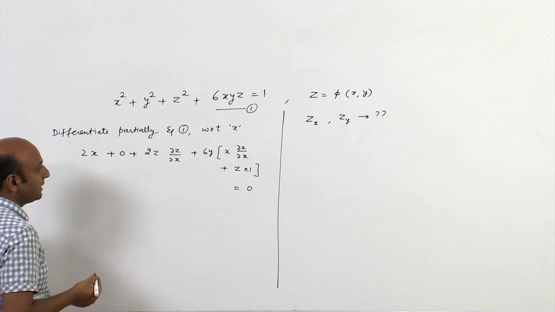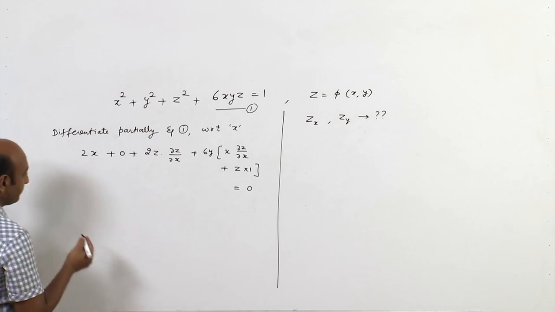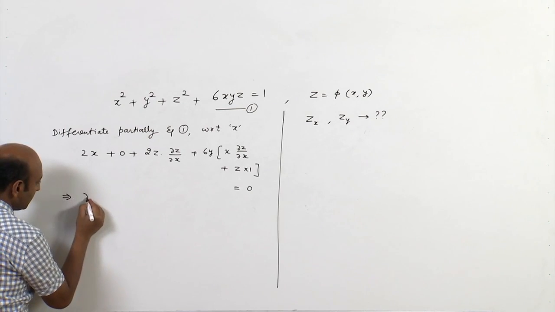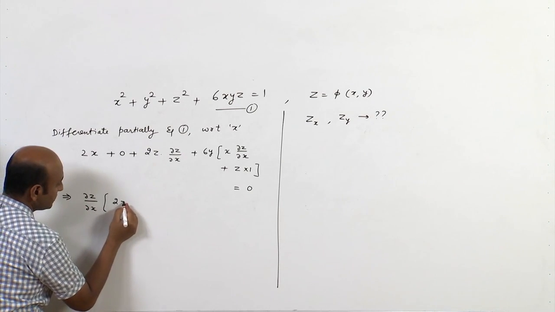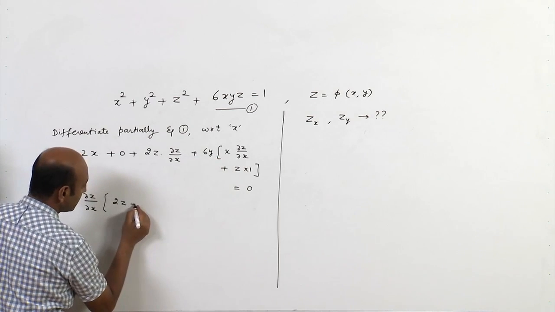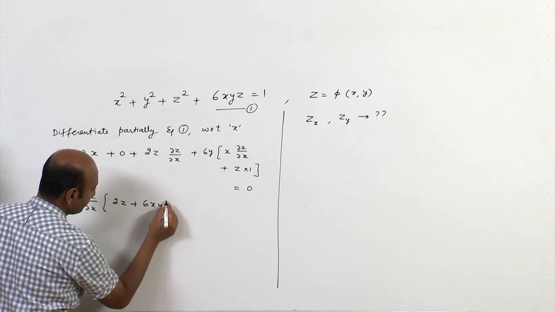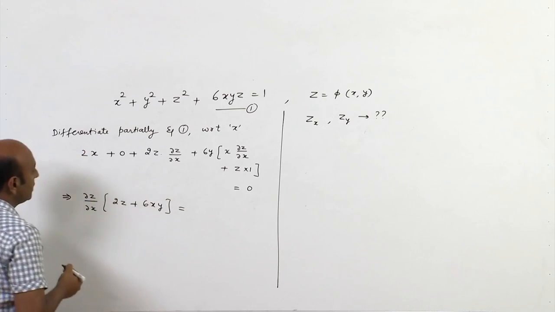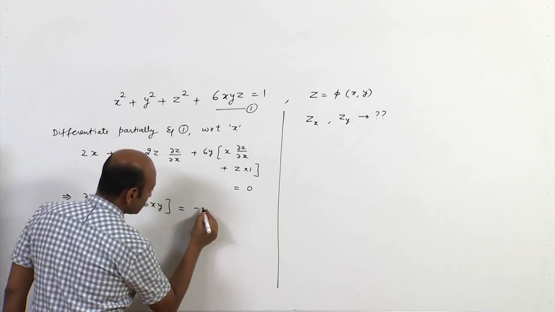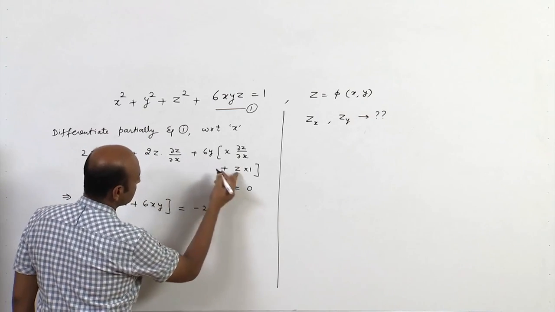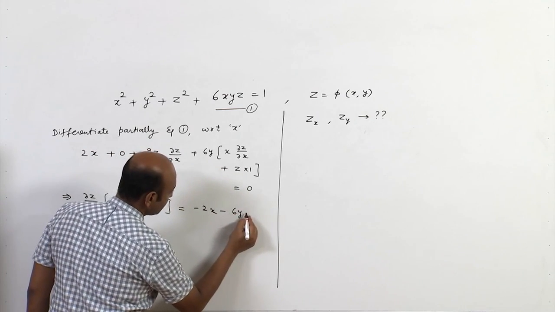Now, let us collect del z upon del x. This implies del z upon del x, let us collect these terms, 2z plus 6xy, which is equal to the remaining terms, put on the right hand side, it is minus 2x and minus 6yz.